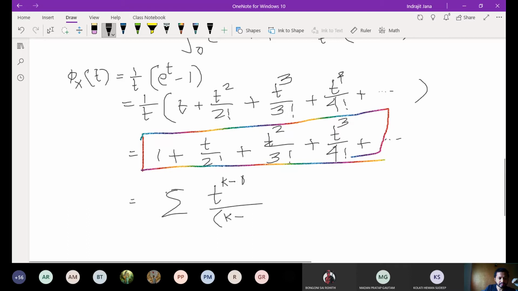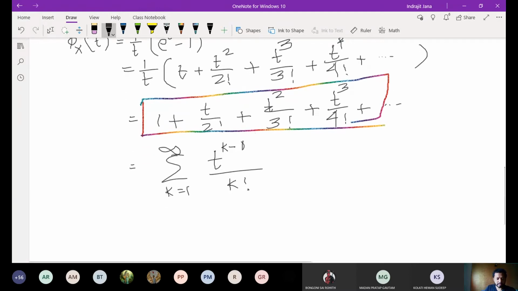No, sorry, divided by k factorial, and k is running from 1 to infinity. So let's see, if you plug in k equal to 1, you see t to the power 0 over 0 factorial, which is 1. And if you plug in k equal to 2, you see t over 2 factorial, that's the second term. For k equal to 3, you see t square over 3 factorial. For k equal to 4, you see t cube over 4 factorial. Okay, so that's fine.